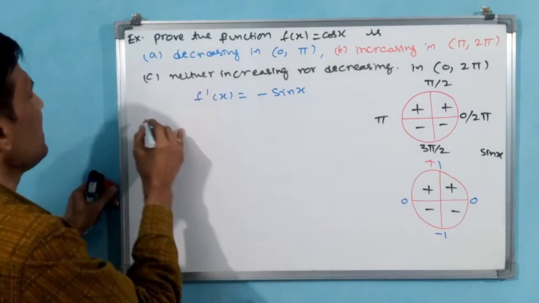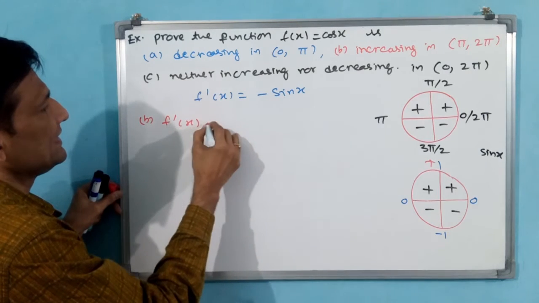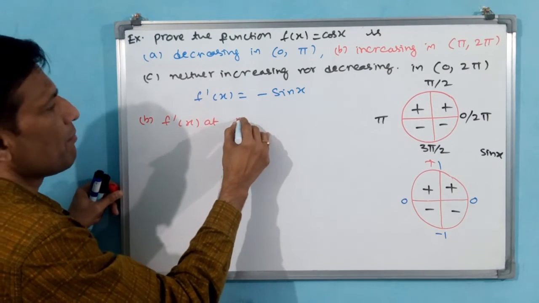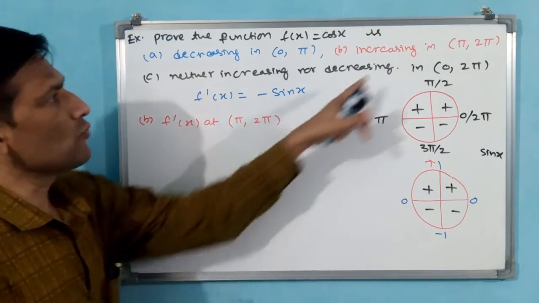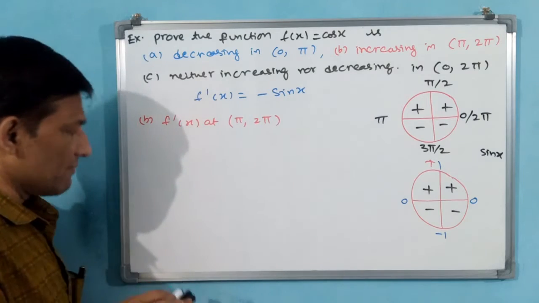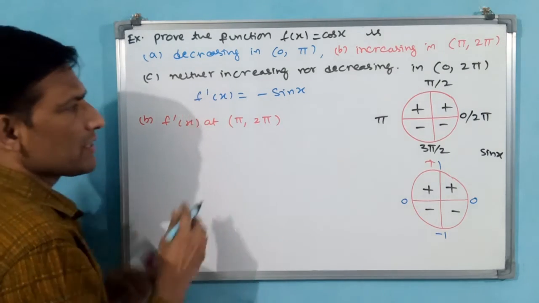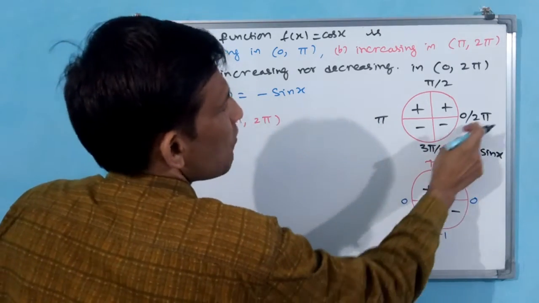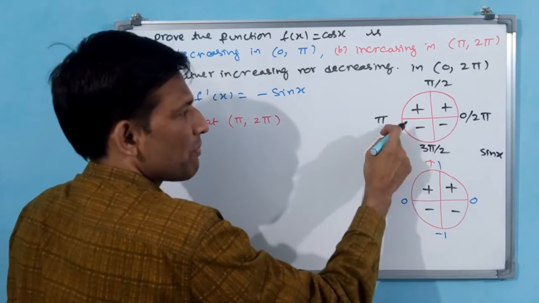Now let us go for B. f dash x at pi to 2 pi. We are seeing whether it is really increasing or not. See, pi to 2 pi. This is between 0 plus 2 pi, pi to 2 pi.